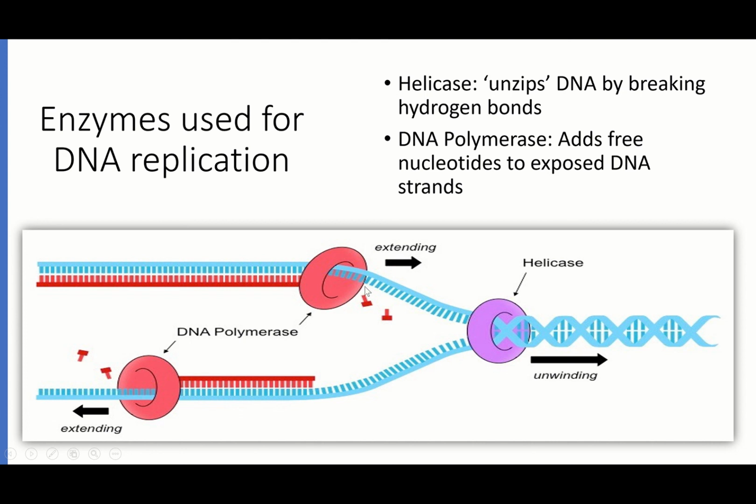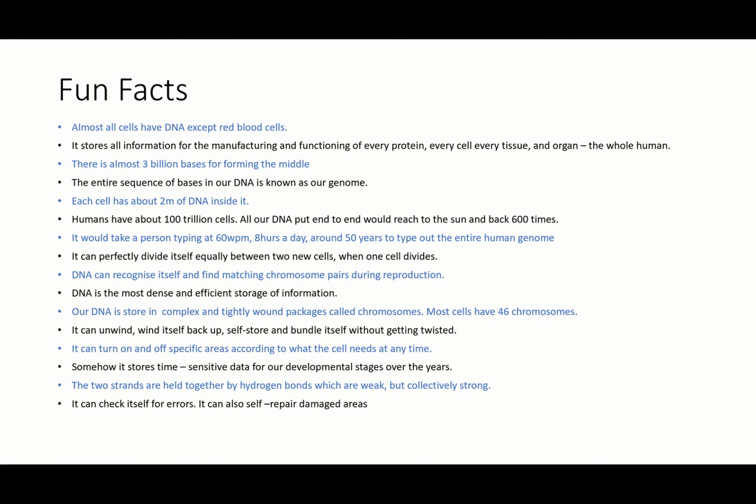And because DNA is anti-parallel, that means the strands are parallel, but they go in two different directions. One DNA polymerase has the easy job of just adding missing nucleotides from that point on. But the other one has to go in the opposite direction, and it's a more complicated process, but we don't need to know that at this moment.